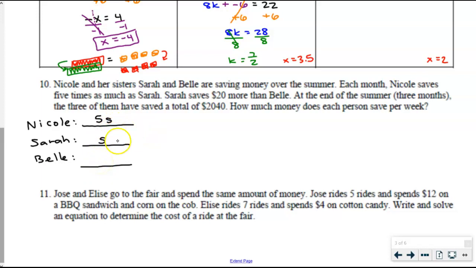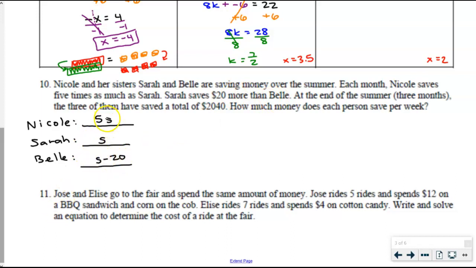That's where we need to make a little bit of an adjustment, because I know why you did the B or B plus 20, but now we need to think about this a little bit differently. What is that going to look like, Danielle? Exactly. If Sarah saves $20 more than Belle, then Belle is going to be $20 less than Sarah.